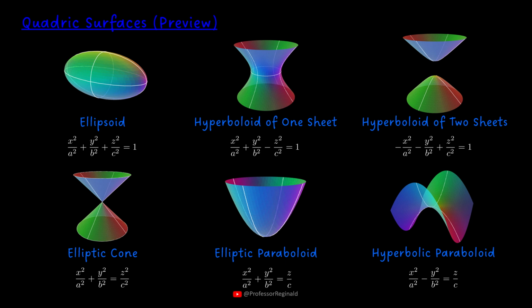For instance, for an elliptic paraboloid centered at the point h, k, l, that opens to the positive y direction, the equation becomes the following. The general form of the equation of a quadric surface is given by the following equation.